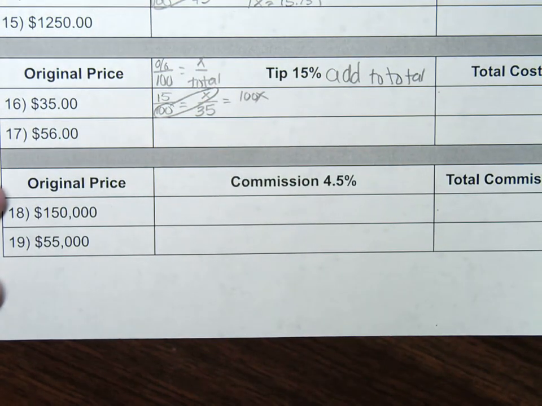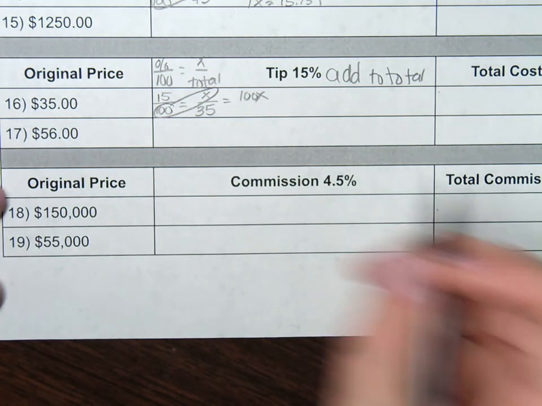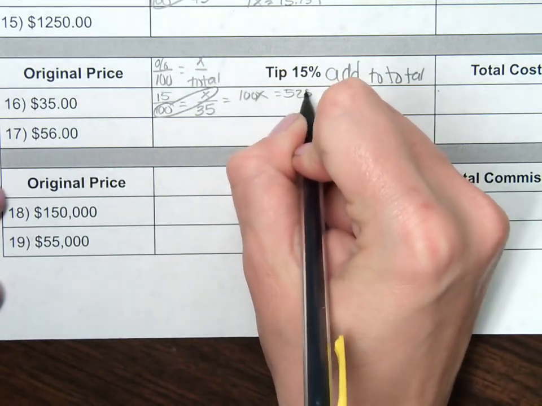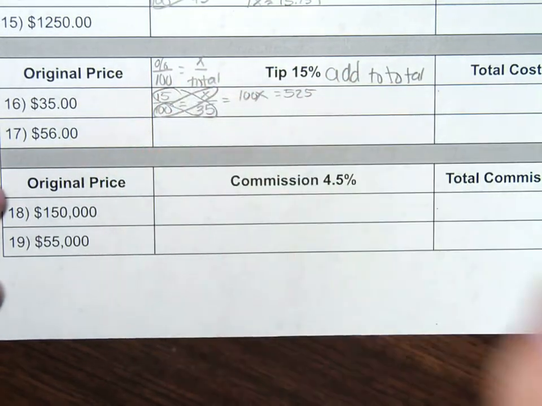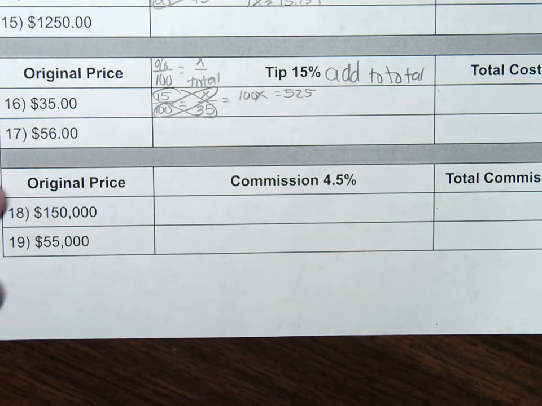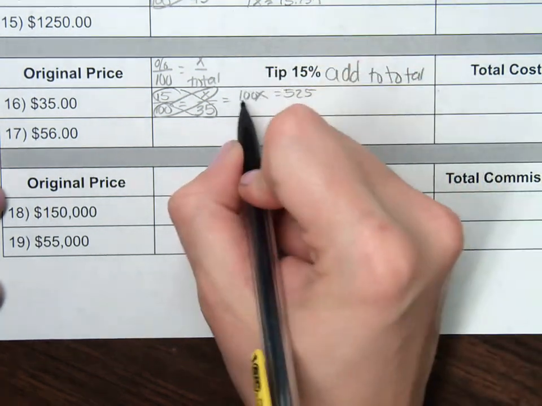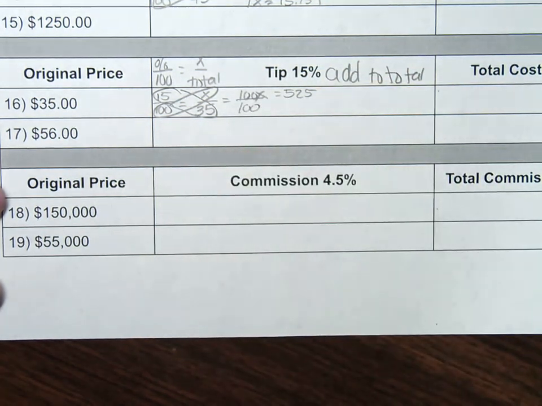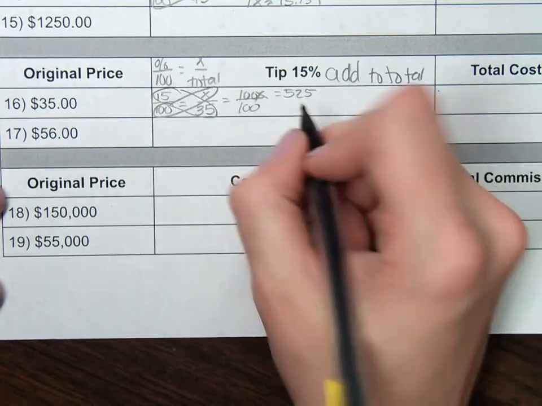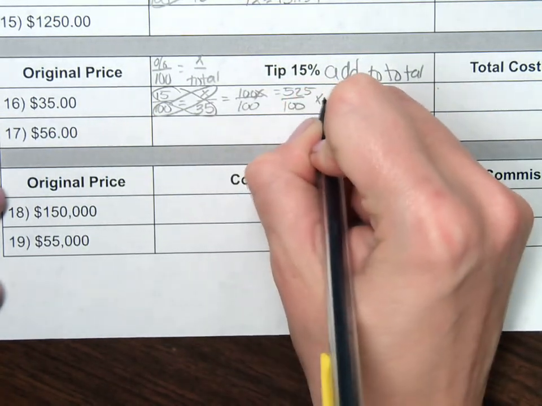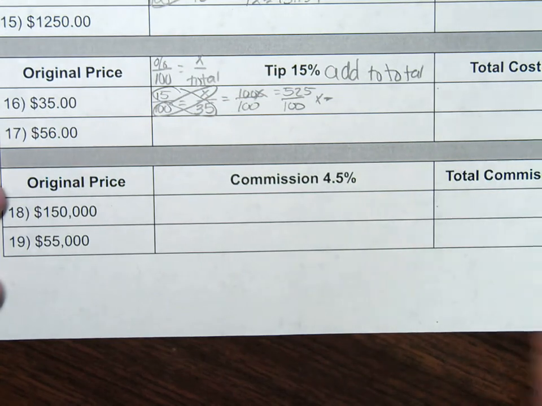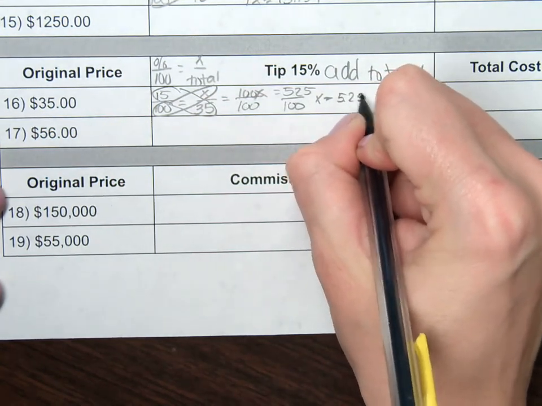And then 15 times 35 is 525. Divided by 100, and your tip is going to be $5.25.